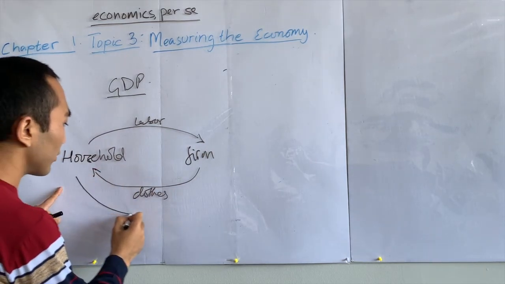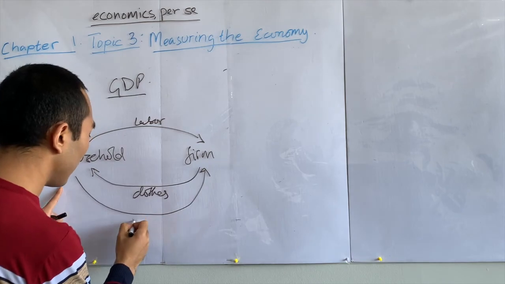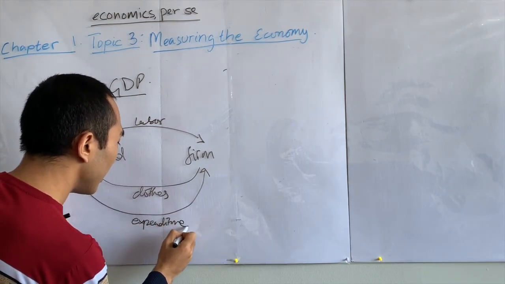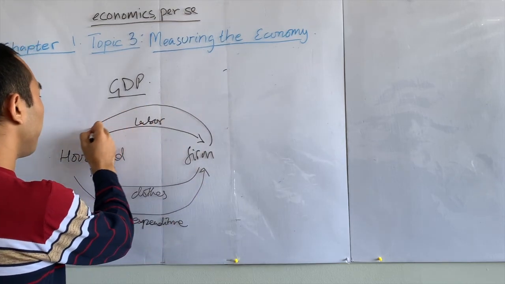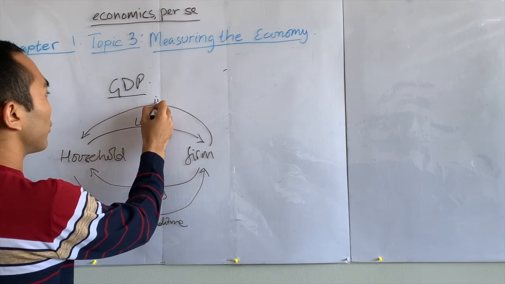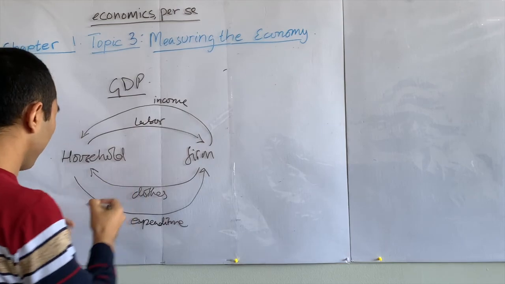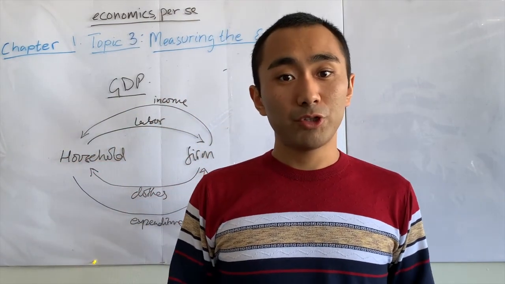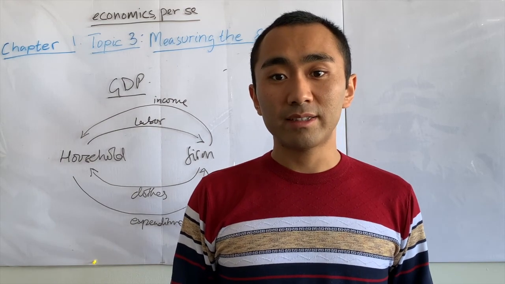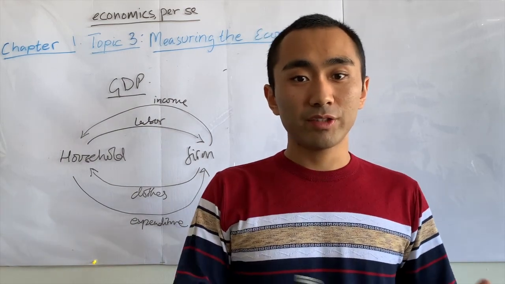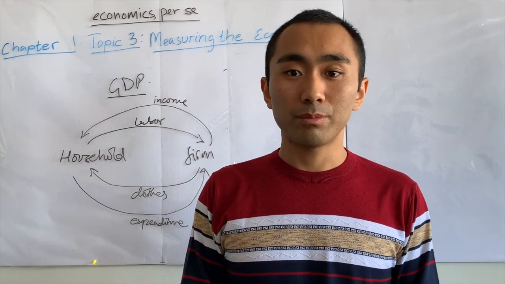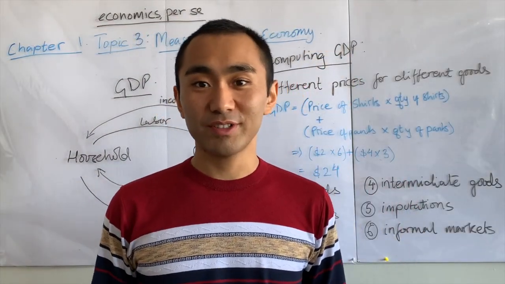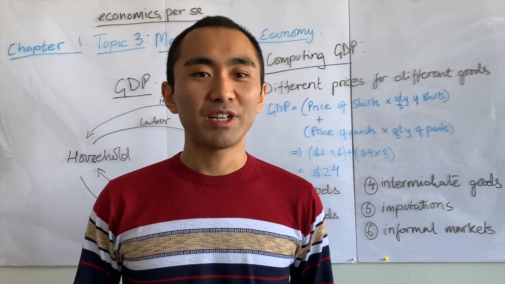The households spend money, expenditure, to buy the clothes, and the firm pays the households their income as compensation for their work. GDP should therefore be calculated as either one of the two, either as expense or income, not both, but they will be equal.